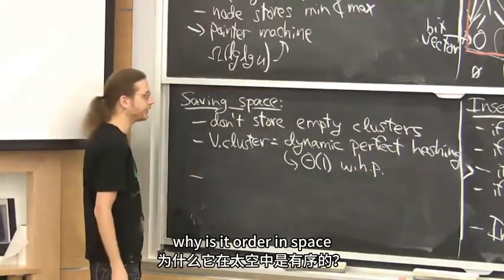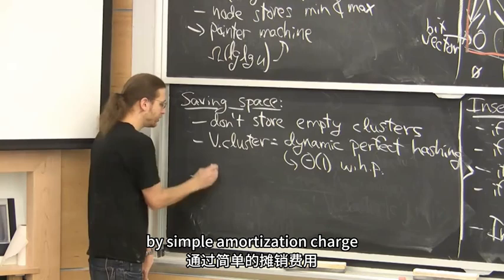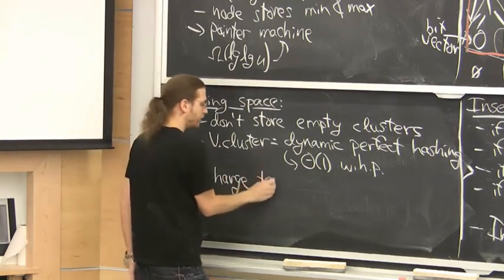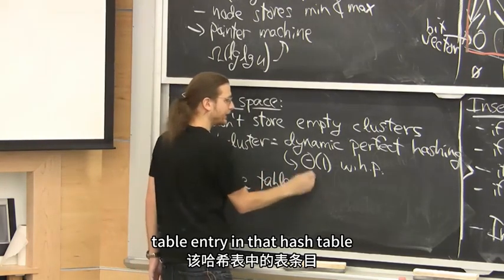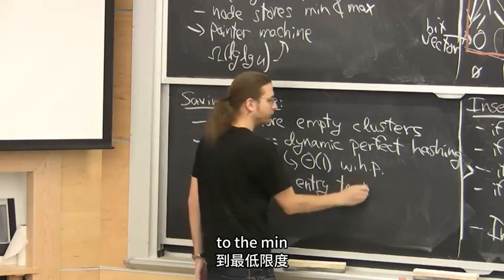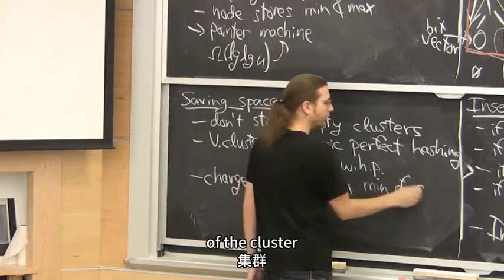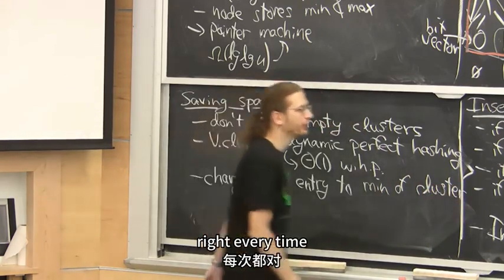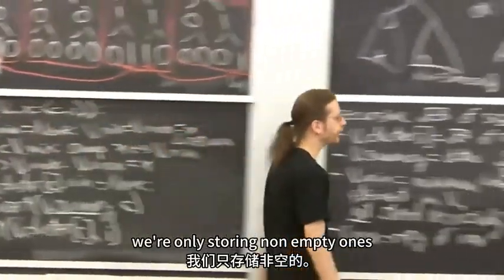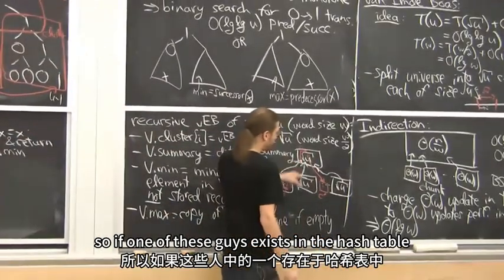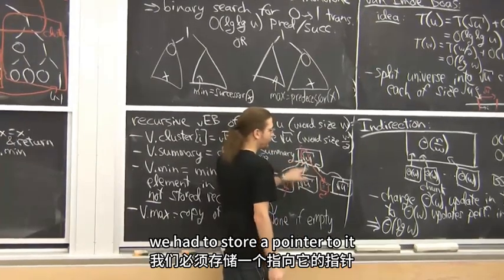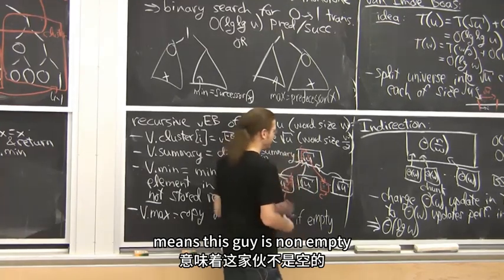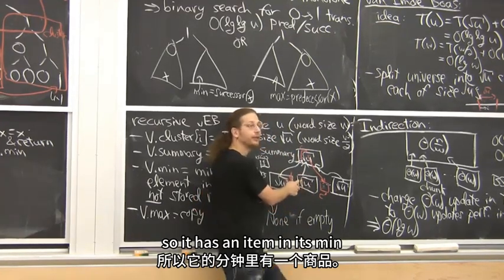Why is it order n space? By simple amortization, charge each table entry in that hash table to the min of the cluster. Every time, we're only storing non-empty ones. So if one of these guys exists in the hash table, we had to store a pointer to it, then that means the summary structure is non-zero. It means this guy is non-empty, so it has an item in its min.